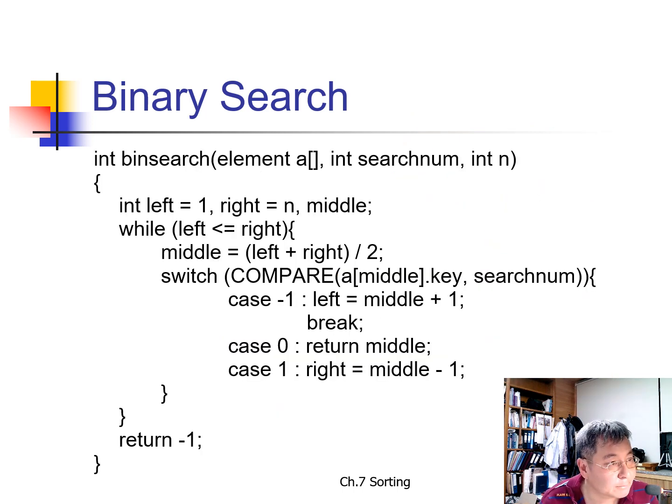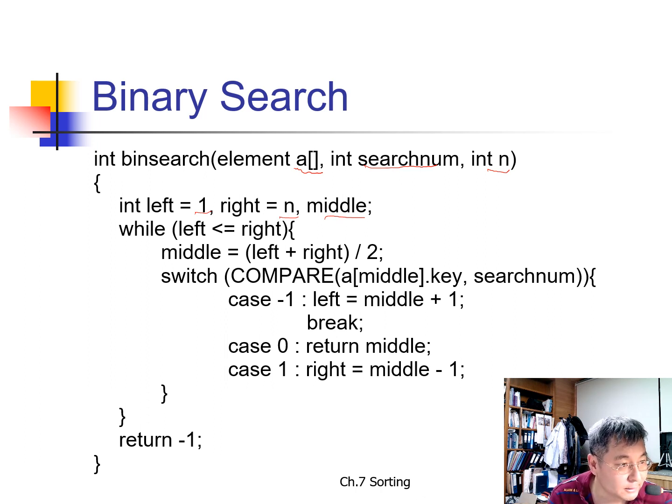This is the binary search algorithm implementation. The binary search input is A, and of course this array A is sorted. Also searchnum is an input parameter, and n is the number of data items. The initial value of left is 1, the right value is n, and middle is not initialized.